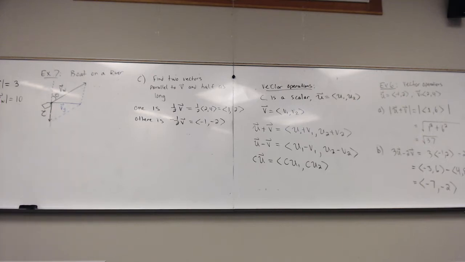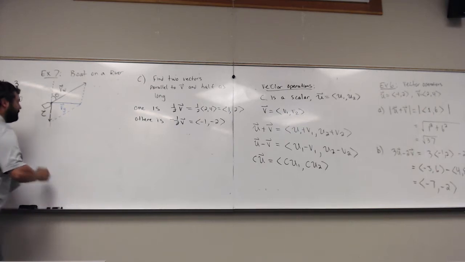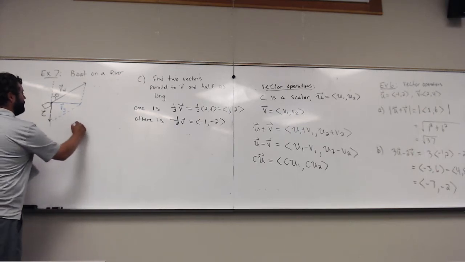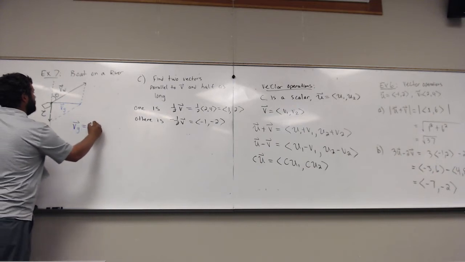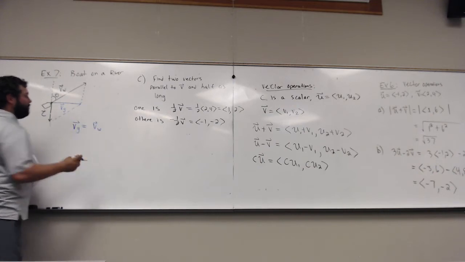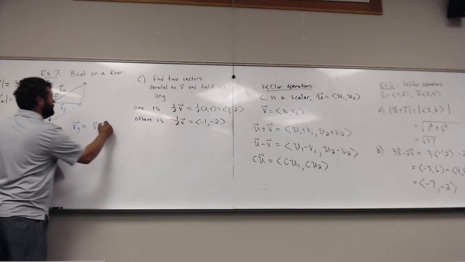Okay. So this is a physics application. Some of you might have heard in physics that if you have a force or a speed of an object and another force acting on it, the actual resulting force is going to be the sum of these two vectors, or the resulting speed and direction. So in this case, your actual vector giving you the new speed and direction is going to be the sum of the velocity of the boat plus the current.